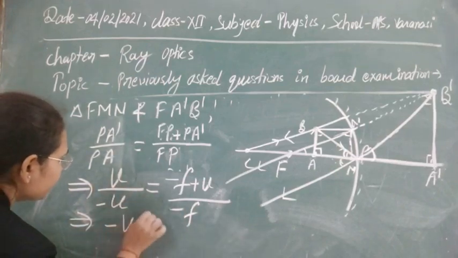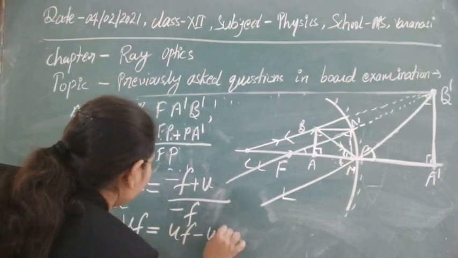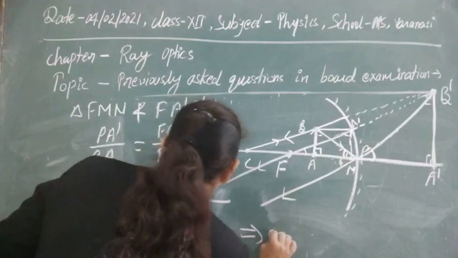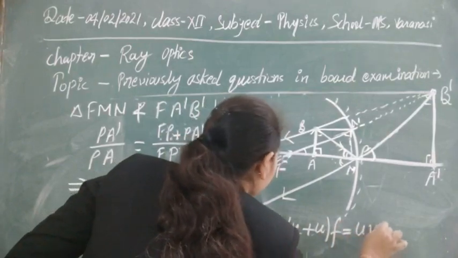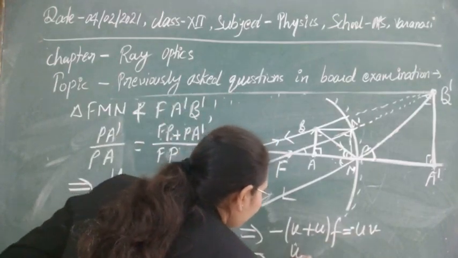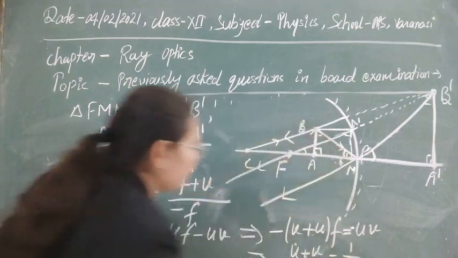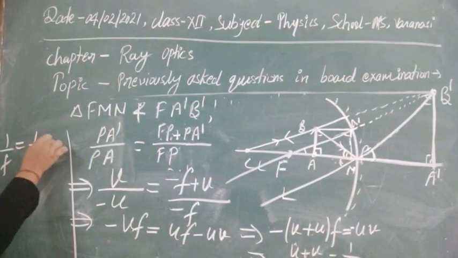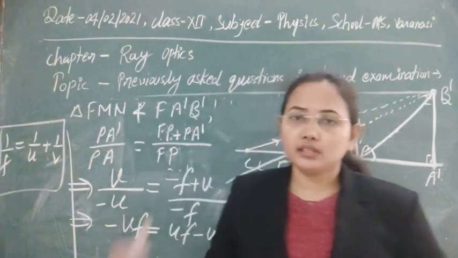If we solve it, this will be minus VF equal to UF minus UV. From here, solving further, this will be minus of V plus U times F, equal to minus UV. Then U plus V upon UV, minus will be cancelled out, is equal to 1 upon F. So 1 upon F is equal to 1 upon U plus 1 by V. This is the mirror formula that we can obtain by using this ray diagram.